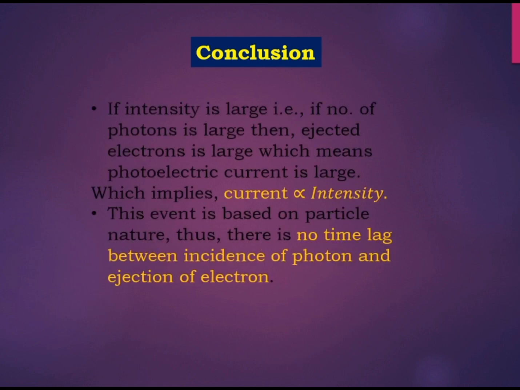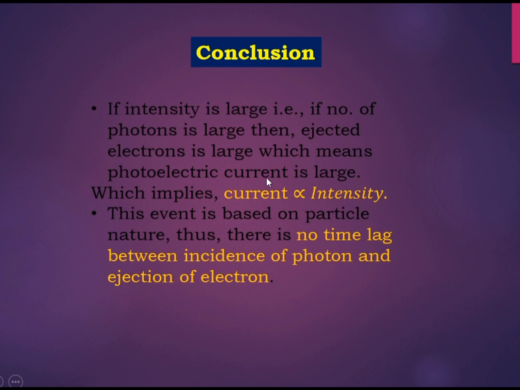Now let us conclude. What is the conclusion of this experiment? If the intensity is large, which means the number of incident photons is large, then the electrons ejected will also be large, and the photoelectric current is also large.